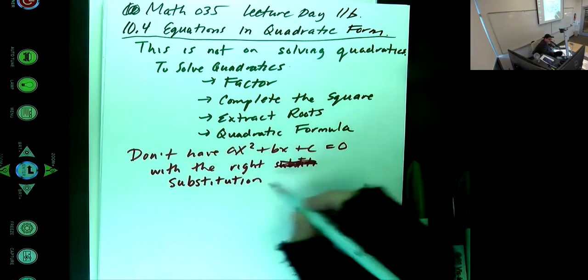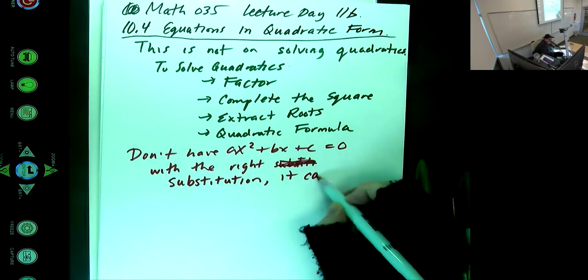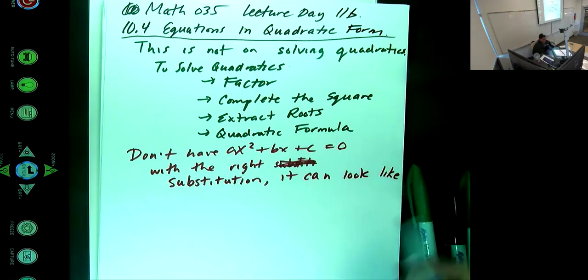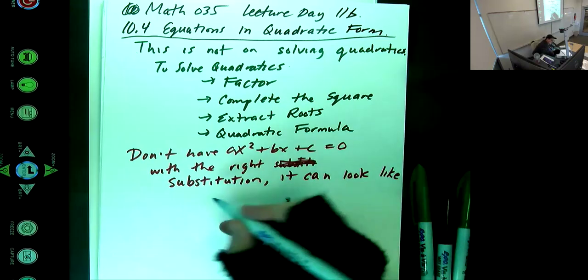Substitution. It can look like, and I'll switch to u now. u is a common one that we like to do.